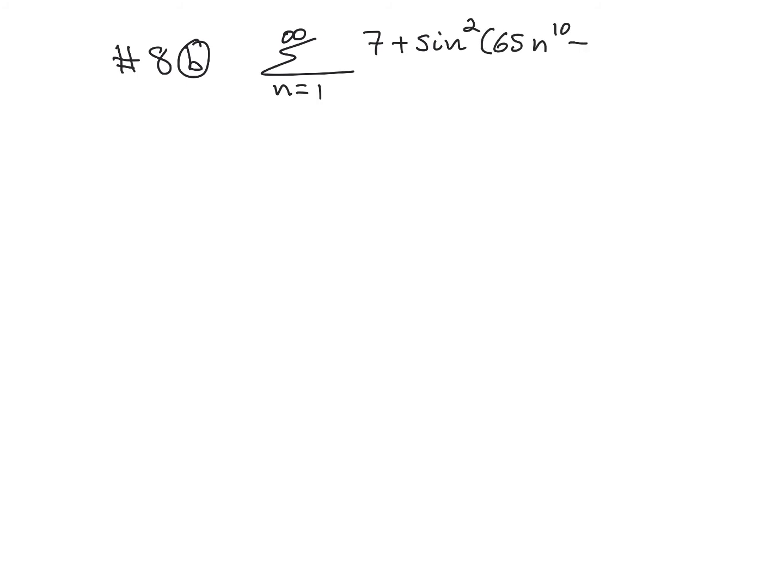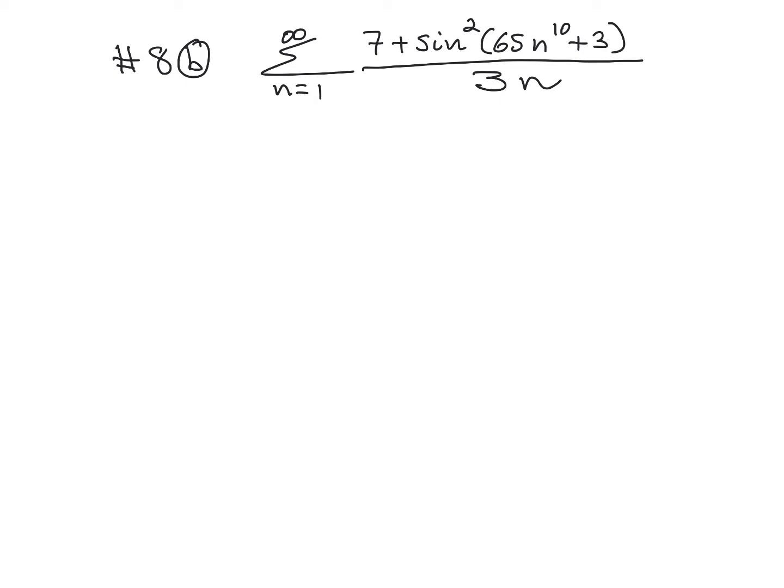And let's look at the other example. The other example, the sine square term, is more complicated. So we have the summation from 1 to infinity. We have in the numerator 7 plus sine squared of 65 n to the 10th power plus 3, and in the denominator we have 3n.